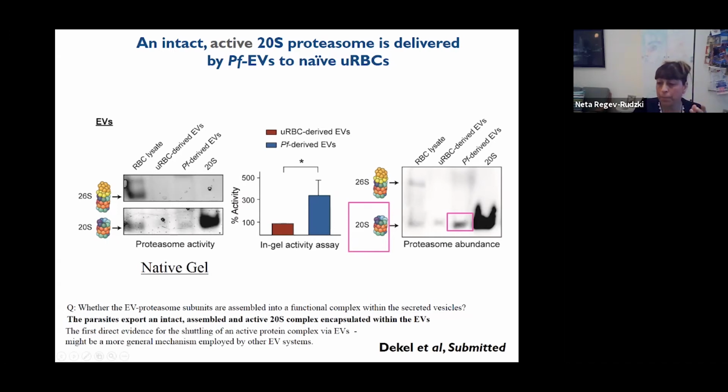And I think it might be a more general mechanism employed by other EV systems, and not just malaria, because we could see in the literature many examples of other proteomic data. If you look at cancer and many different systems, you can see that many of the proteasome subunits are indeed coming out of this analysis.